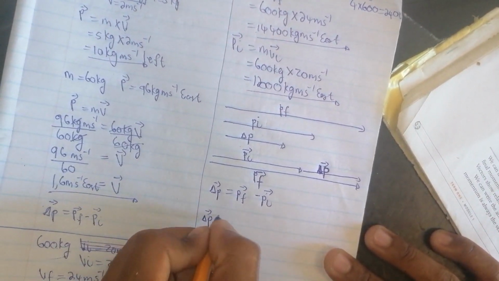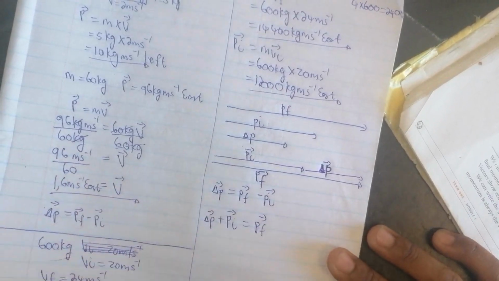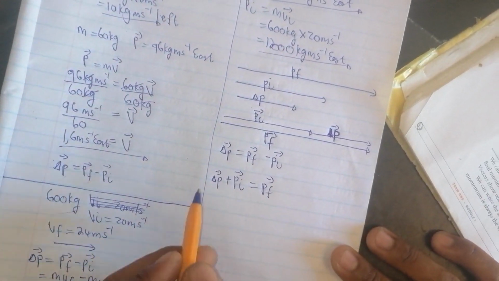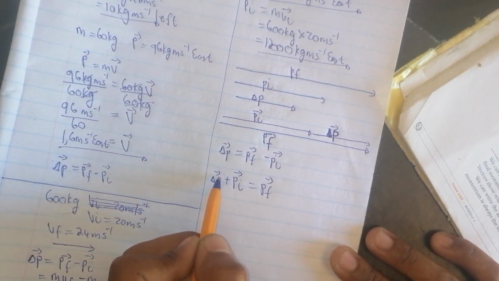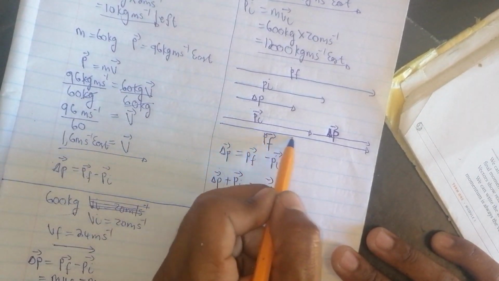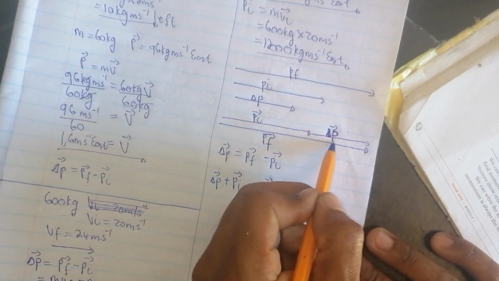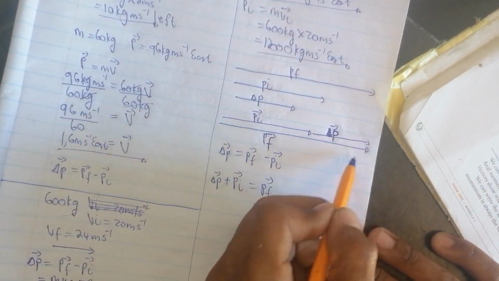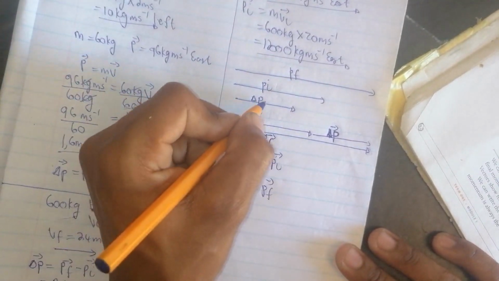Change in momentum plus initial momentum equals final momentum. Do you see where I get that? So final must be equal to the sum of the change and the initial. Hence I drew this. The sum of initial and the change must give you the final. Do you see this? So never and ever draw that.